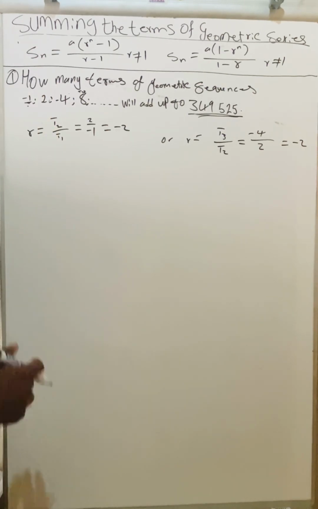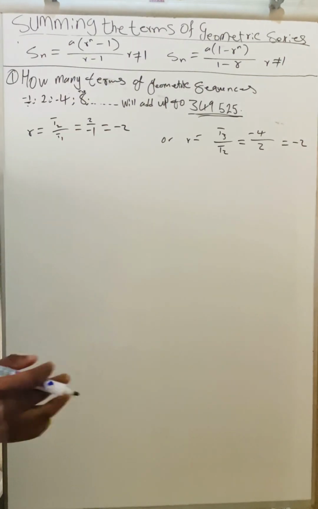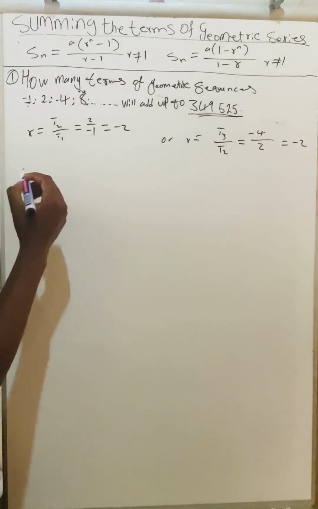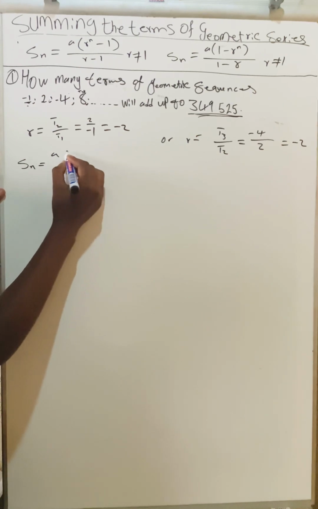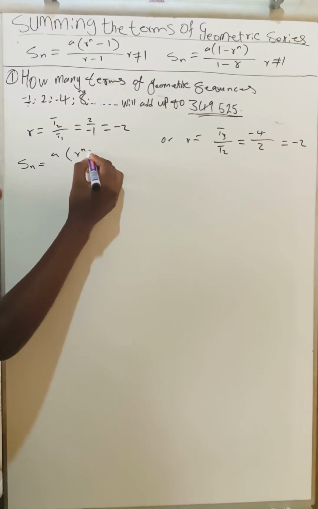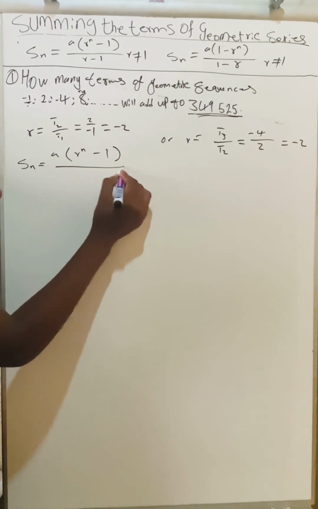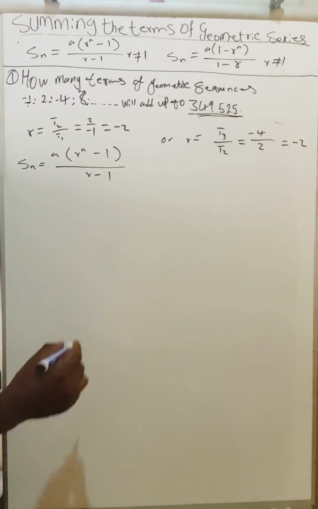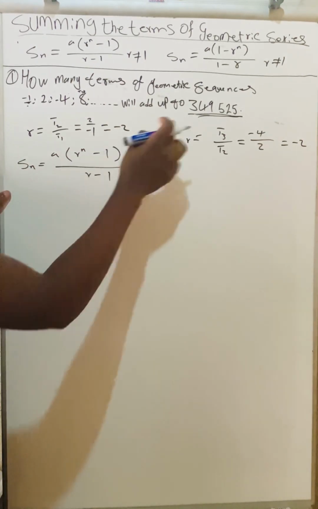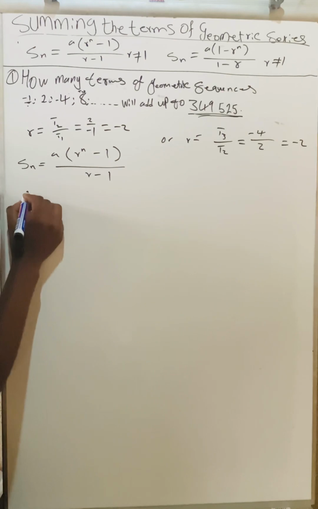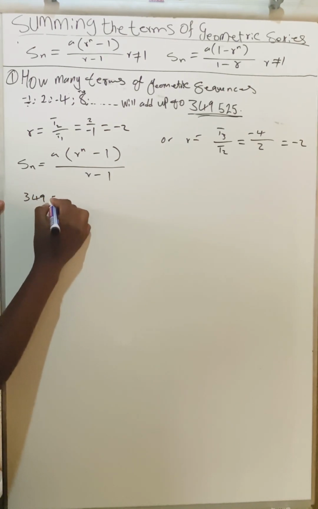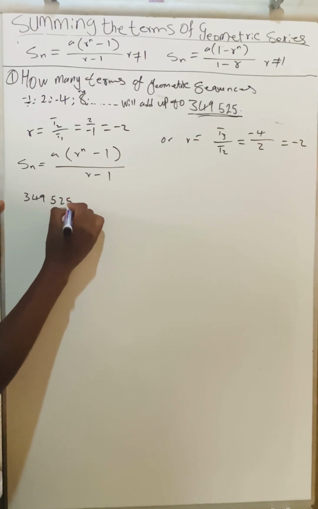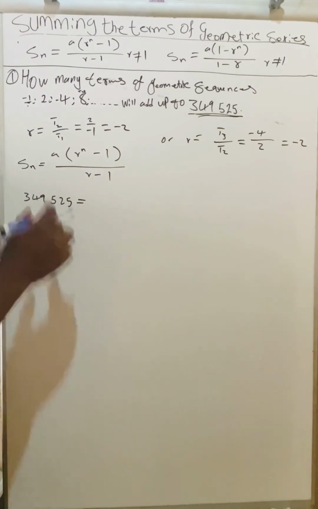From here, we substitute whatever we have. Sn is equal to a times (r^n minus 1) over (r minus 1). Sn is the sum, so we write 3495025 is equal to, what is our a?